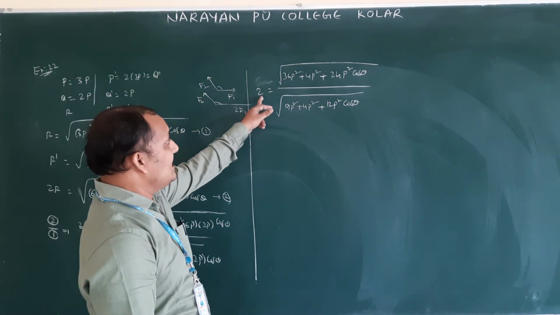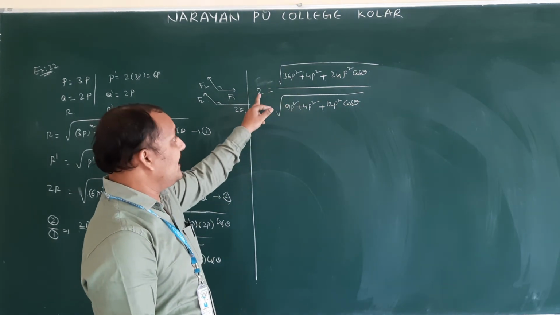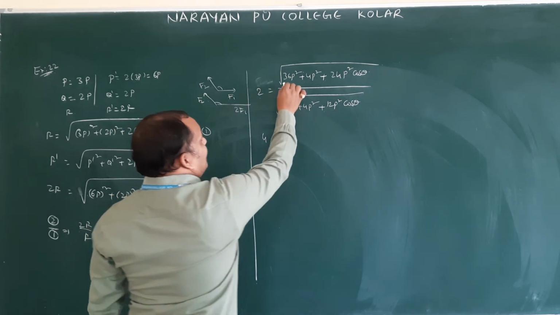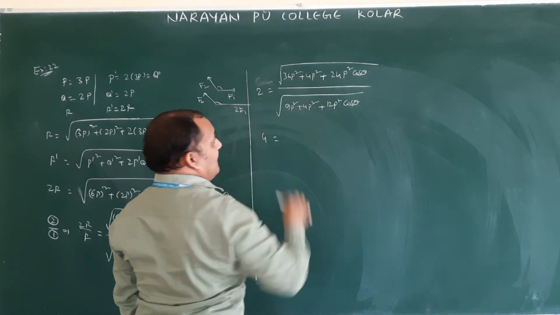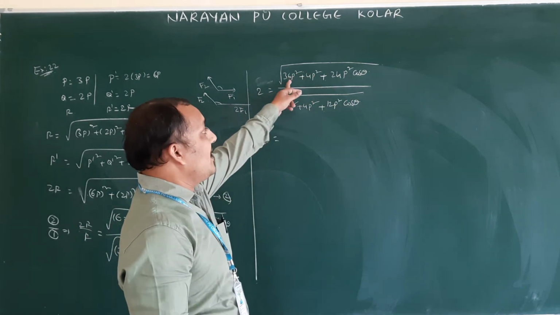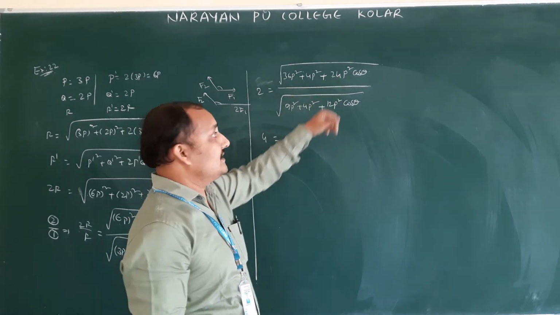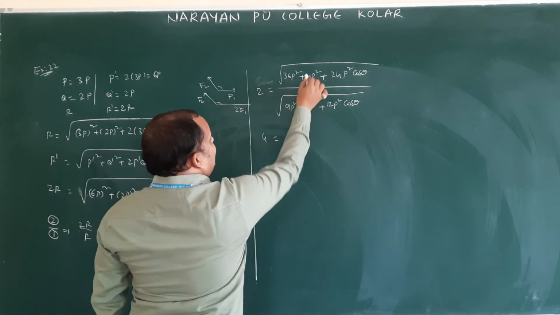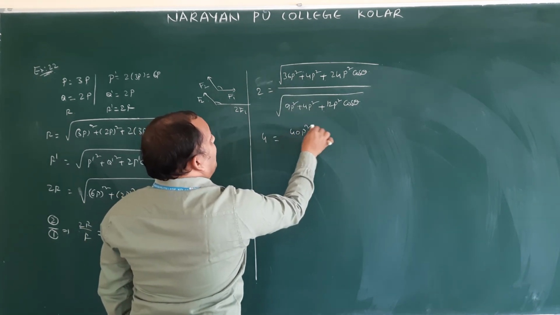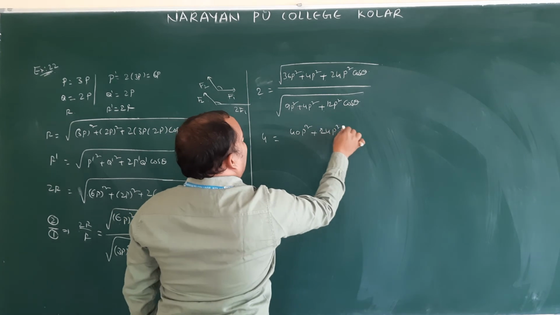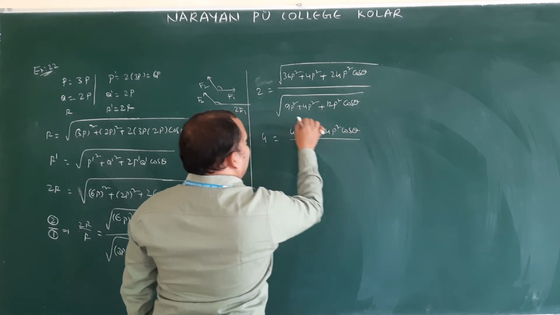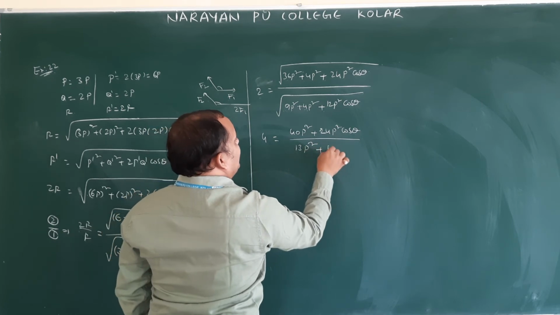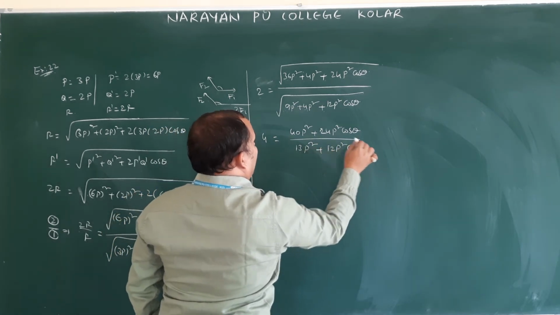So now we have to solve this one. How we solve means squaring on both sides. 2 square is nothing but 4. Here the square root will be cancelled. Then what remains? 36 plus 4, 40. Sorry, we can't add 24 because this is cos theta. So 40 p square plus 24 p square cos theta, divided by 9 plus 4, 13 p square plus 12 p square cos theta.